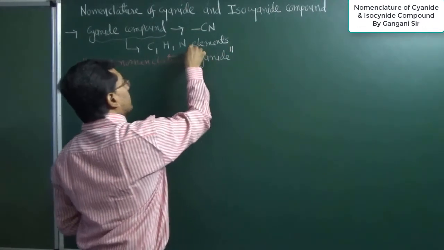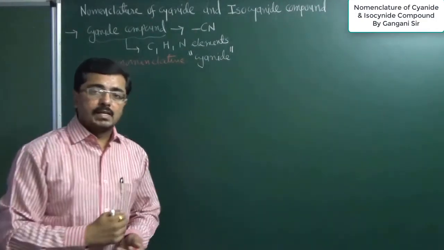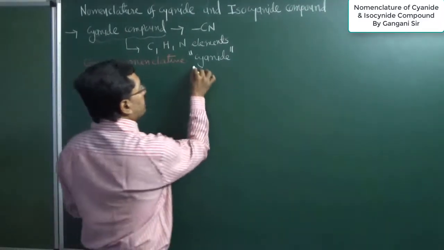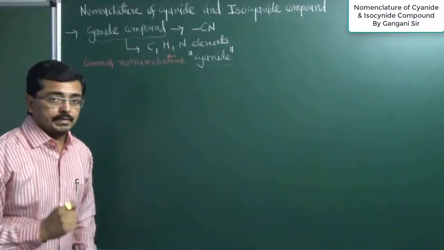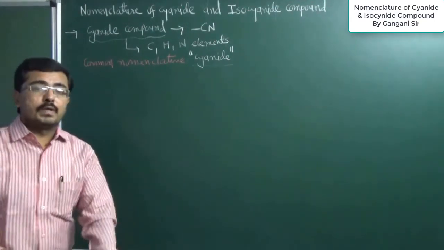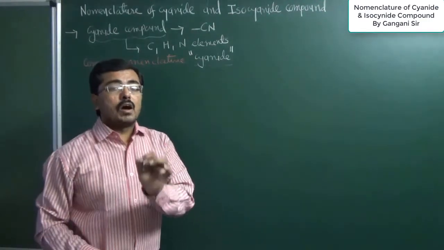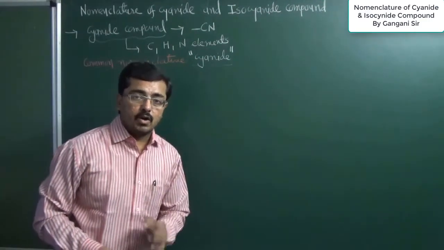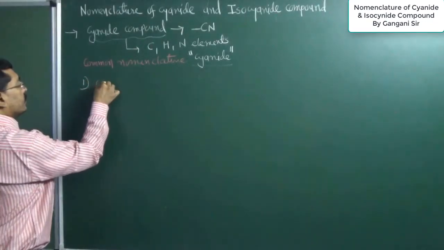When we use cyanide as a suffix, we add cyanide after the name, and the carbon of cyanide is not considered in the long chain. So now just one by one we discuss the different structures.